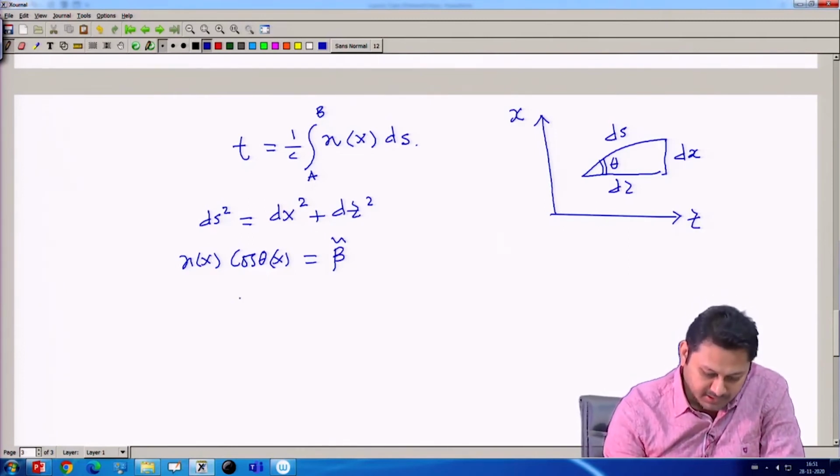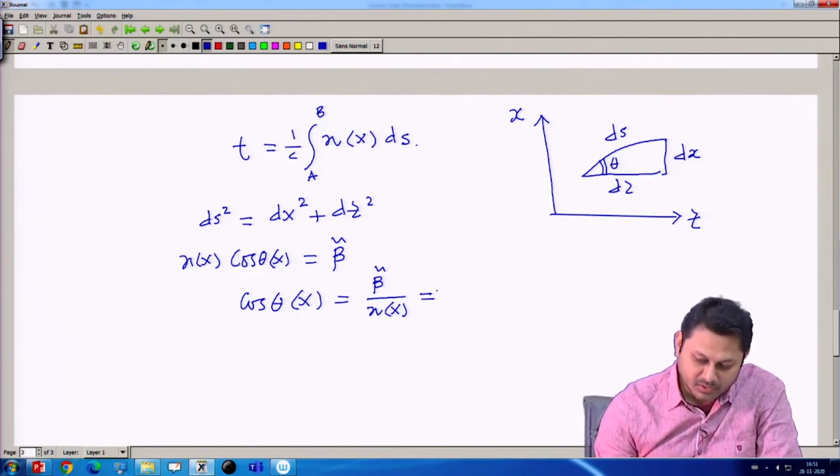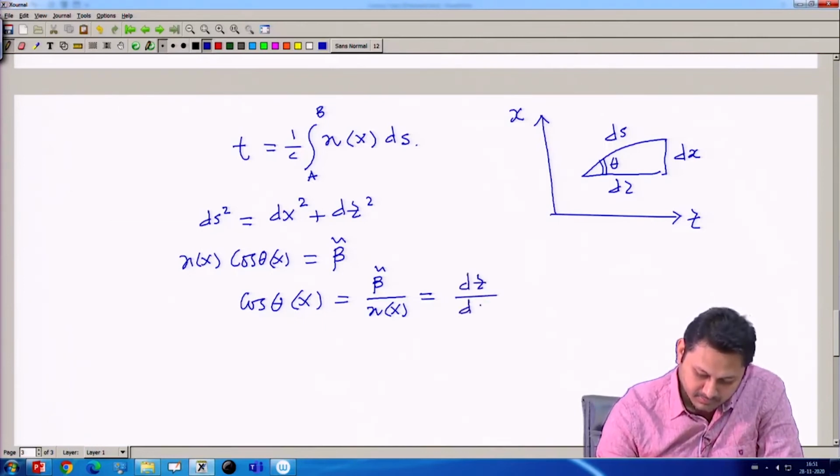So, I can write cos theta of x as beta tilde divided by n of x, and from this geometry I can write cos theta as dz divided by ds.